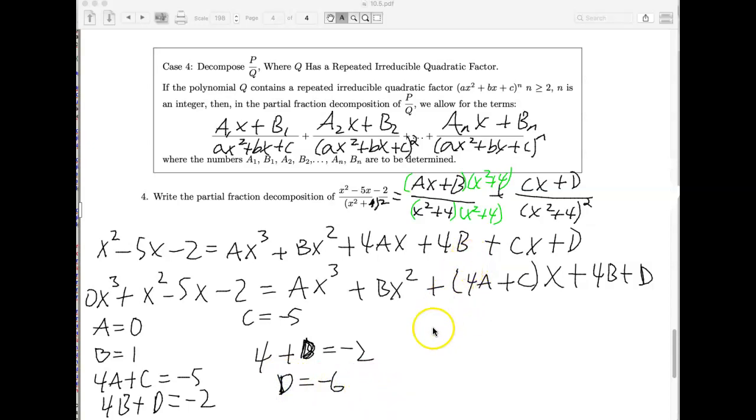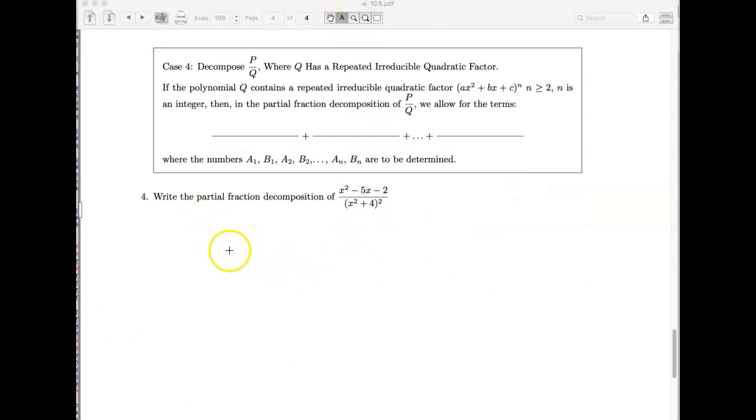And this means we have all the parameters. When you look back up here, sometimes what ends up happening is that this linear part goes away, so we will just have 1 over x squared plus 4, and then we'll have our cx plus d. So let's erase, and then just write this in.